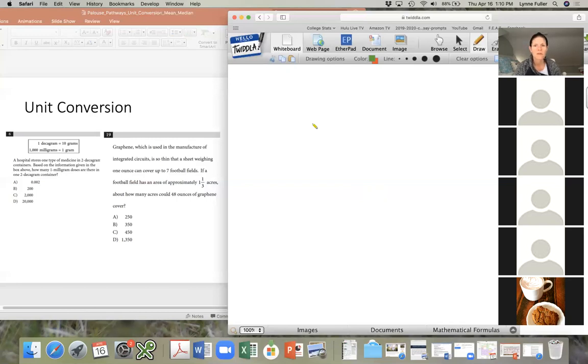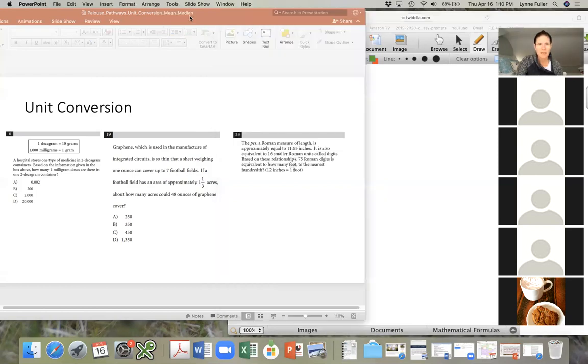They may also talk about gallons and quarts. They may make up some things. They made up one here in number 33, coming from Roman times, the pes. So they may use other concepts to make some sort of proportional change.